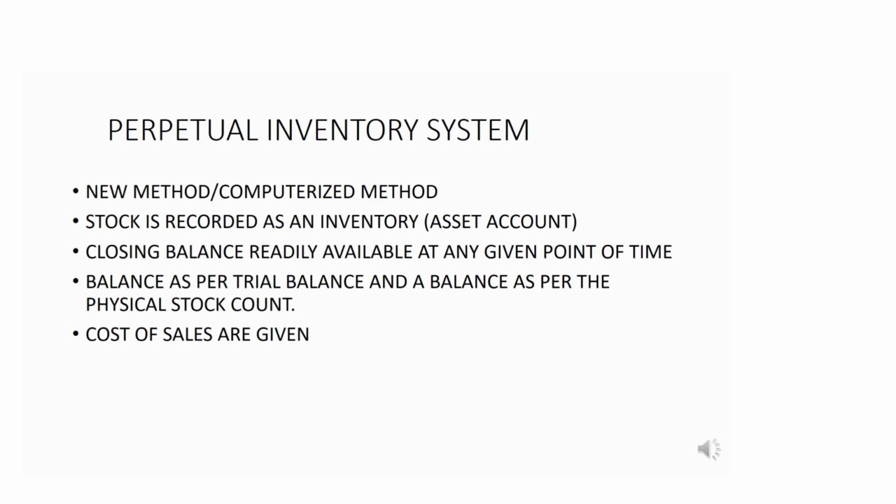If I'm referring to a balance of trading stock as per trial balance, I'm referring to the balance that was taken from your ledger accounts. From ledger accounts, we prepared what? We prepared the pre-adjustment trial balance.